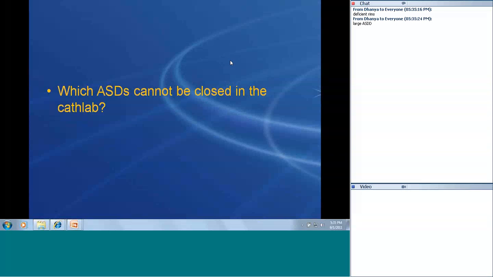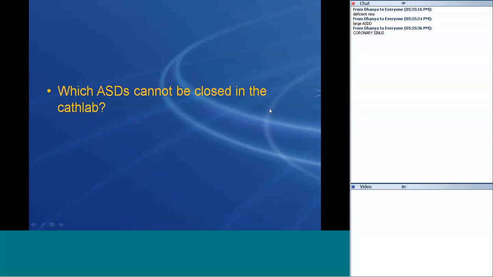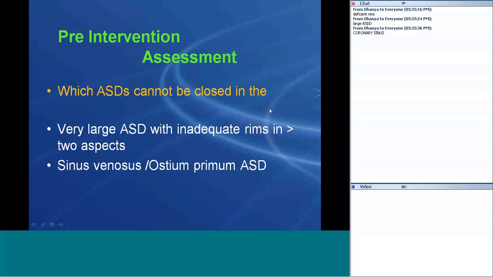Sinus venosus and coronary sinus ASDs, and deficient rims, ostium primum, ASDs which are part of an endocardial cushion defect, those cannot be closed. They are part of the sinus venosus ASD anyway, with abnormal pulmonary venous drainage.